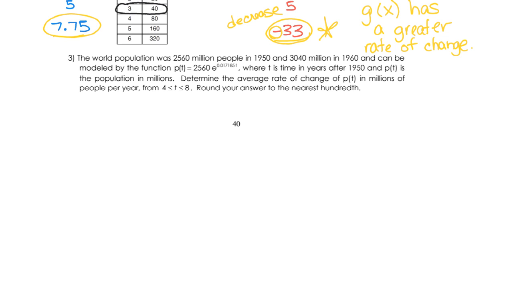Determine, and here's our keywords so that we know that we're using the formula for slope. Okay. Determine the average rate of change of P of t in millions of people per year from, and here is where they're going to give us our 2 values. Okay. And it says to round your answer to the nearest hundredth.